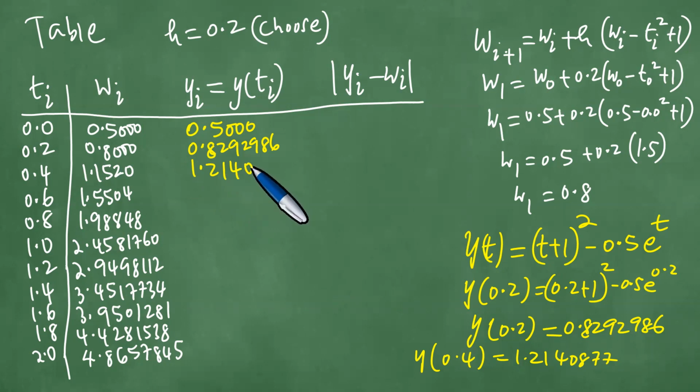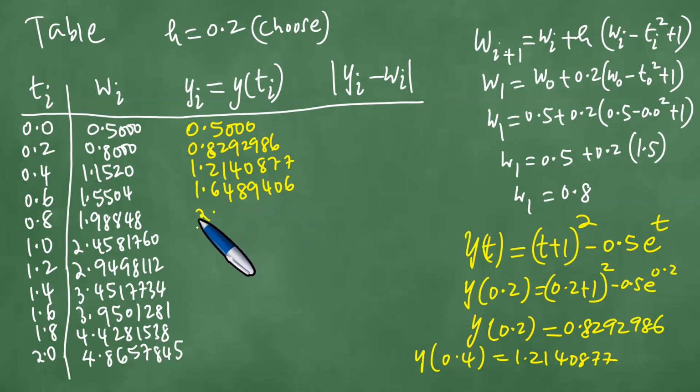So it's 1.2140877. So that is at 0.4, and then there's 0.6, 1.6489406.